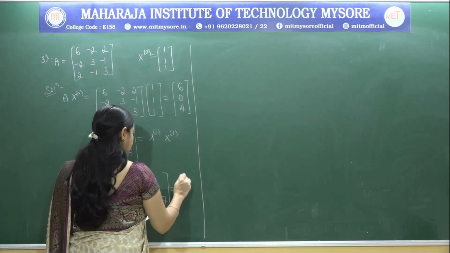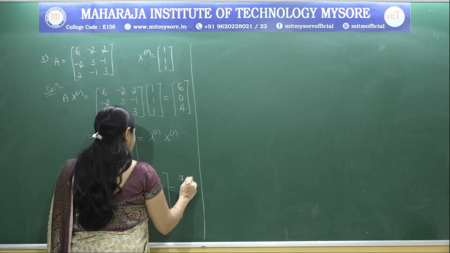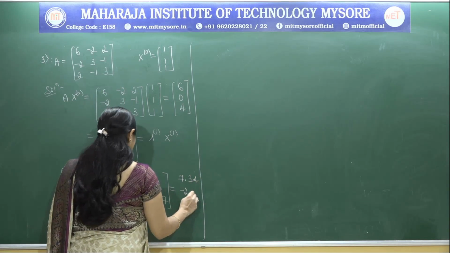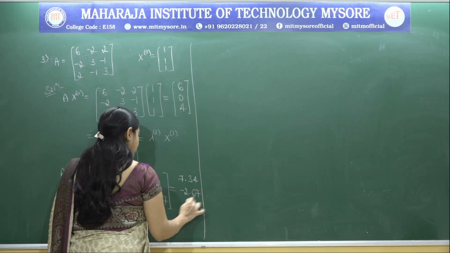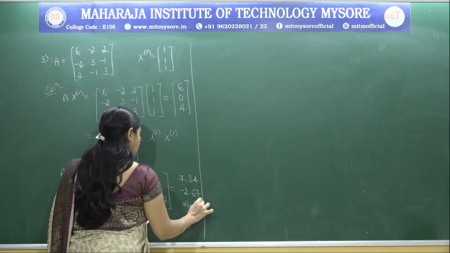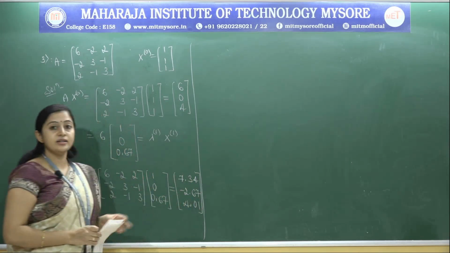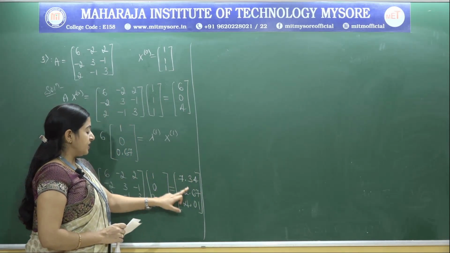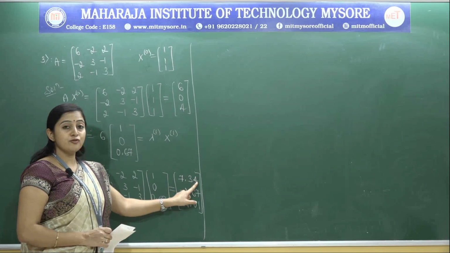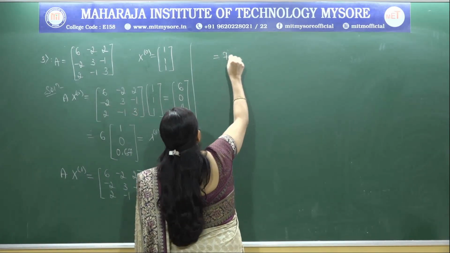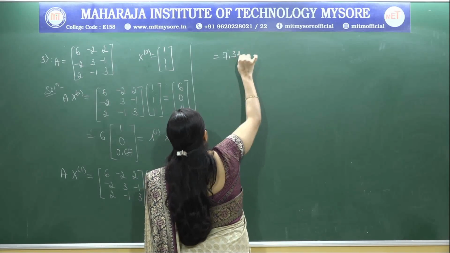So you take the matrix multiplication in your calculator, you will get the answer 7.34, minus 2.67, next 4.01. Fix to 2 decimal places in your calculator, you will get these answers. Next, in this, 7.34 is the largest entry. So take that as the common term, 7.34.